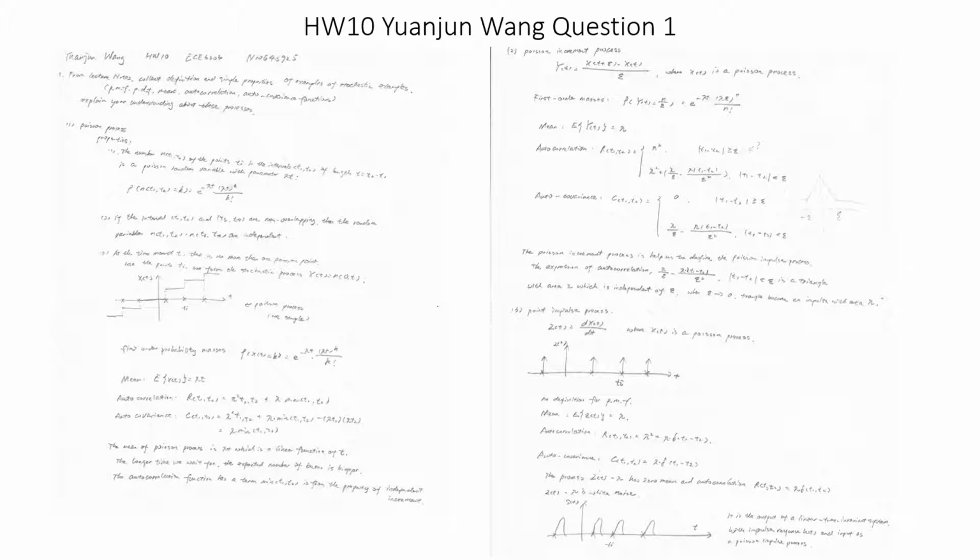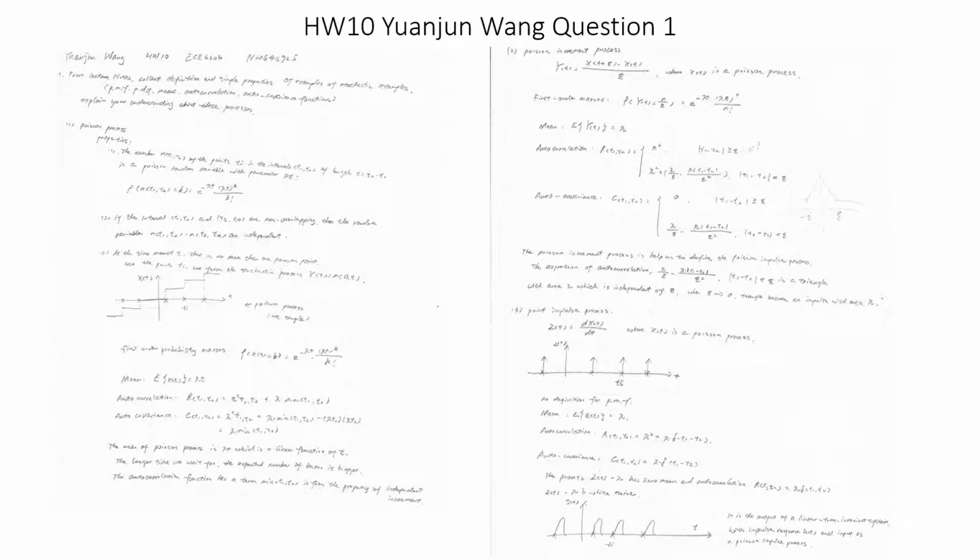The mean, or expected value, of the Poisson process, E of X of t, is going to be equal to lambda t. The first order probability mass is P of X of t equals k, which is equal to e to the negative lambda t times lambda t to the k over k factorial.